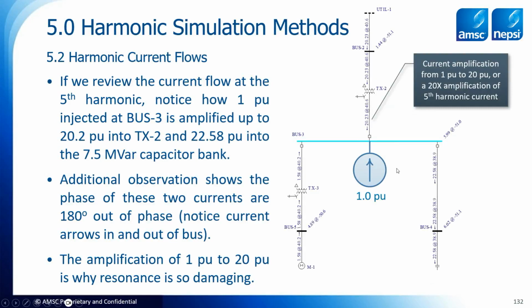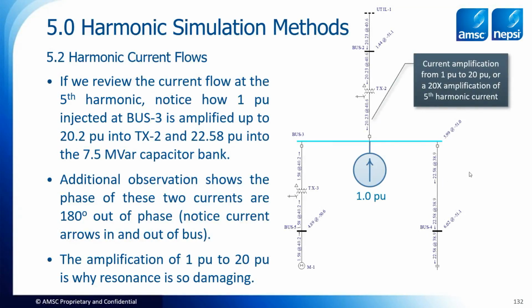And so what this is showing you is why resonance is such a big deal. If you happen to hit it in the wrong place, which does happen a lot in systems these days, you can end up with 10, 20, 30 times the amount of current flowing in pieces of equipment. If you take careful notice, and you have to pay attention to these arrows and what direction they're going, you'll discover that this current and this current are 180 degrees out of phase.